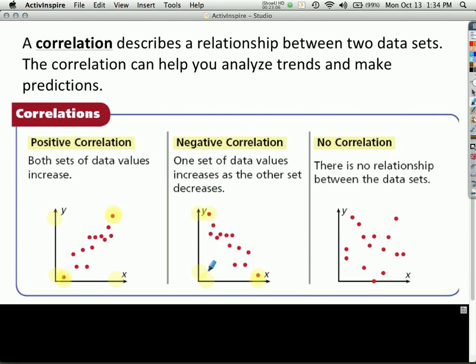So what would be examples of this? Let's go back to the studying. The more hours you study, the better you will do on your quarterly exam. So if the x-axis was hours and the y-axis was your score, I would expect to see that as students studied more and more, their scores went up and up and up.